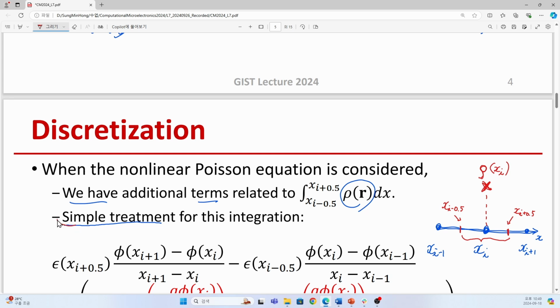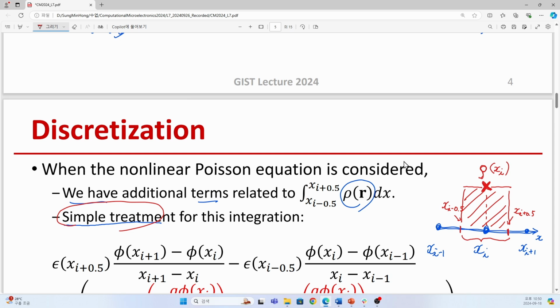However, a simple treatment says that we have the center value within this integration interval, so we will just multiply by the distance. Then that will be the area underneath this rectangle, and that will be treated as the integration result.